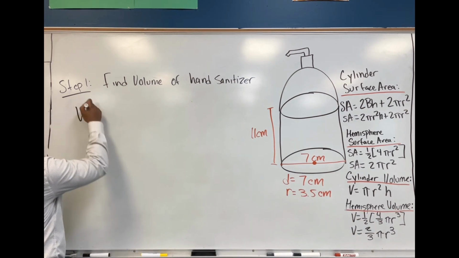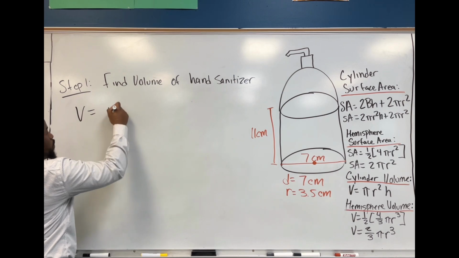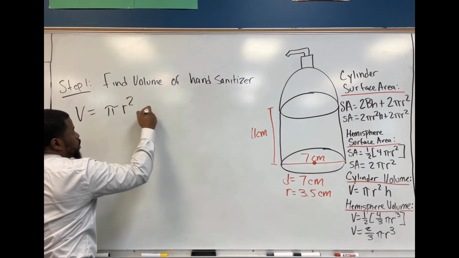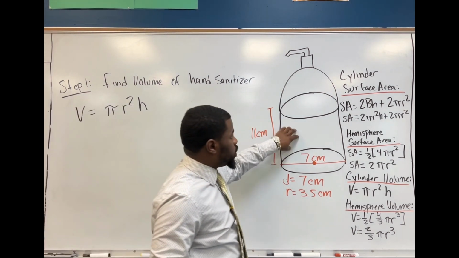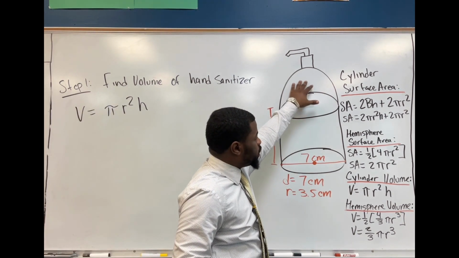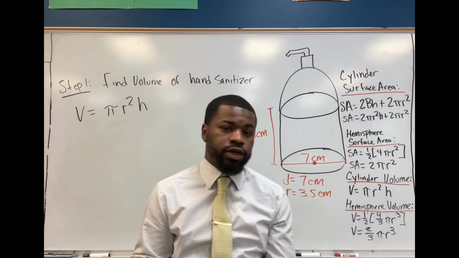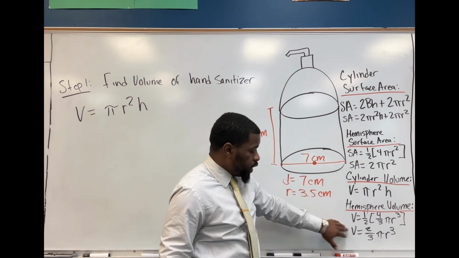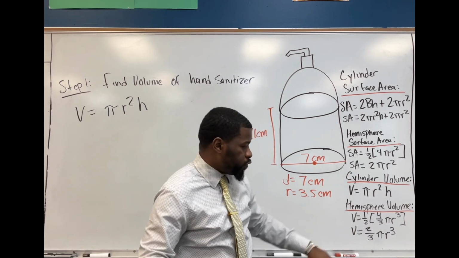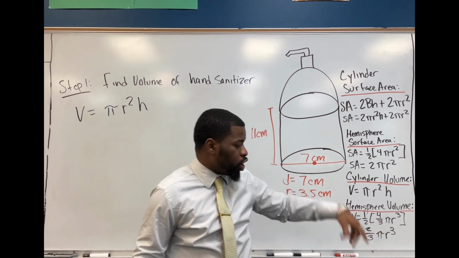But remember, we are combining the cylinder with the hemisphere. A hemisphere is half of a sphere, and the top portion is considered a hemisphere. The original formula for the sphere is 4/3 pi r to the 3rd power.